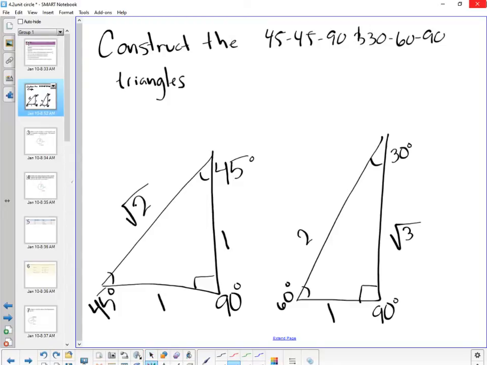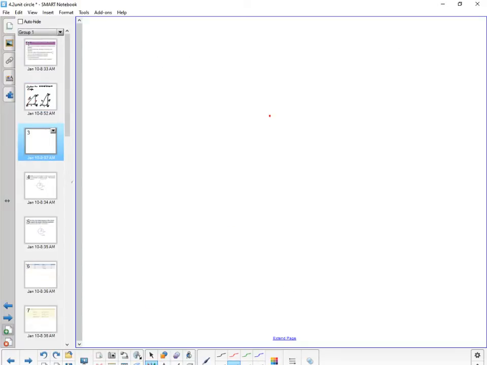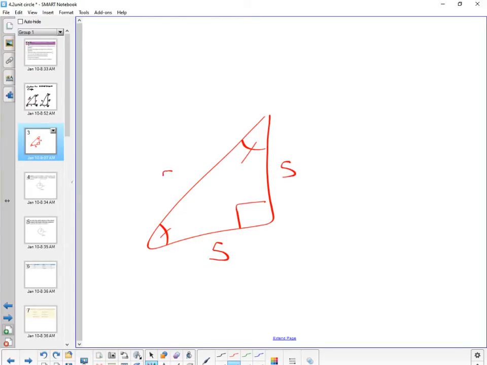Since these all have a base value of 1, you can just say that this is x radical 2. So if I had a 45-45-90, and I know that doesn't look like it, but that's a 45-45-90, and I told you this was 5, what's this side going to be? What's this side going to be?